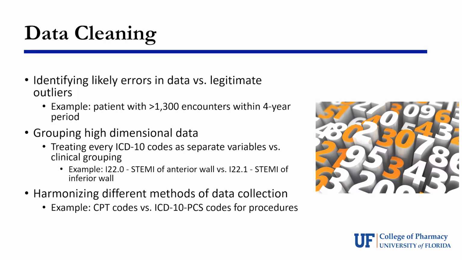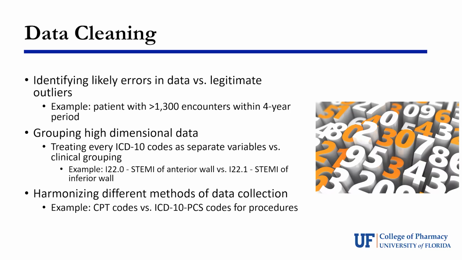So it's a heart attack on the anterior wall of the heart, whereas 22.1 is a heart attack on the inferior wall. And so do we really think drug response or need for pharmacogenetic drugs will be influenced at that level? Probably not. And so the next step is, well, how do we group those ICD-10 codes?